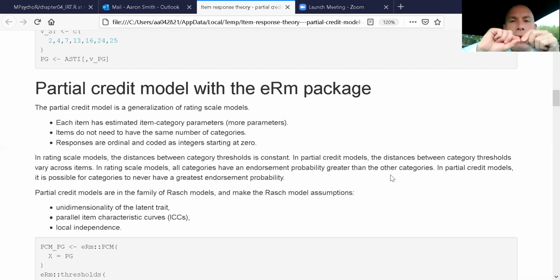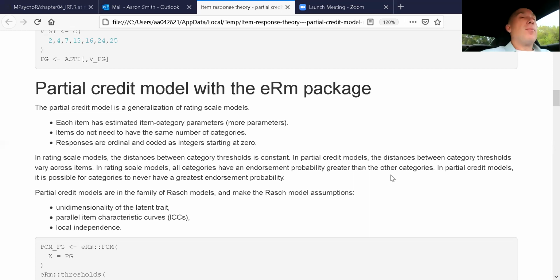There's a scale on the x-axis, and each level of the response for the item has a likelihood distribution in relation to the latent variable. Whichever response is the most likely for that particular value of the latent variable of that person is the one we see as most likely.